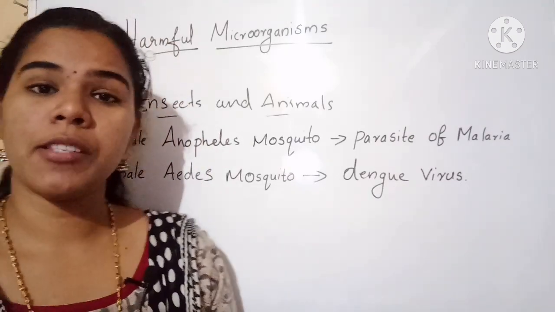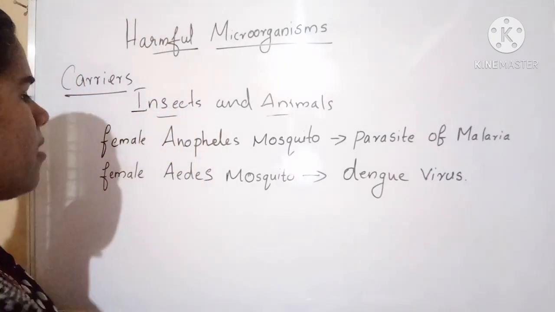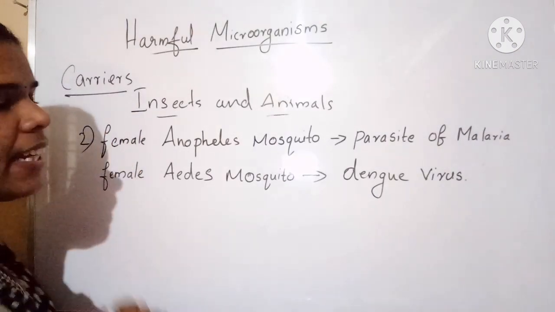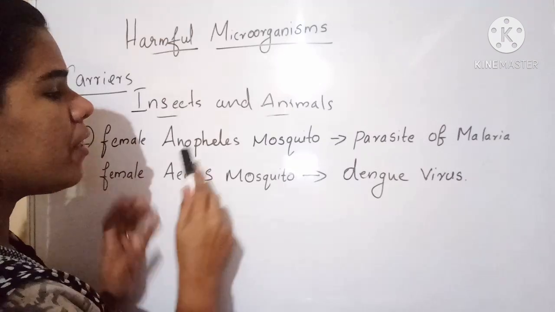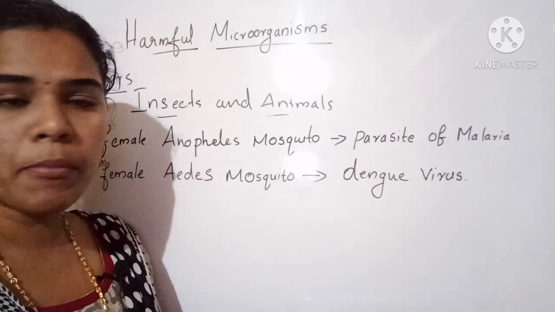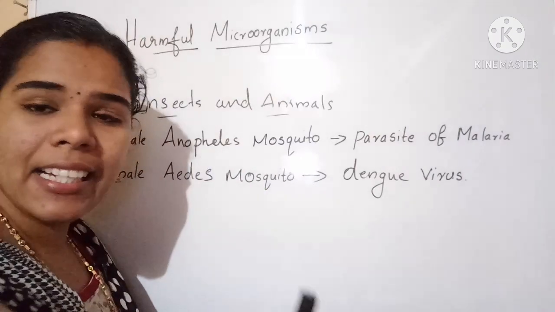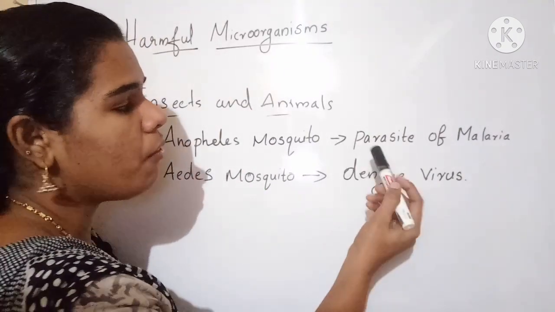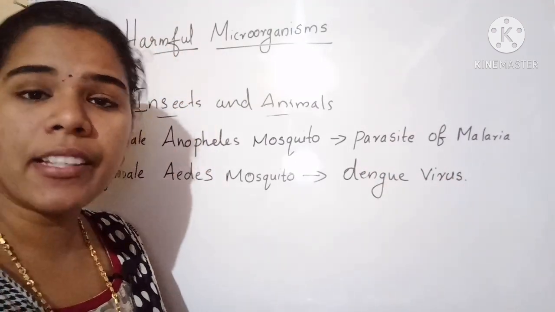So first we discussed the housefly. Okay, and the second carrier is mosquitoes. So the female Anopheles mosquito, first example, acts as a carrier of the parasite of malaria.